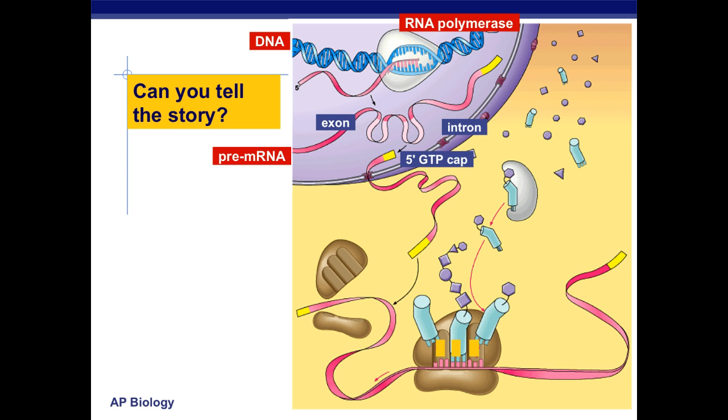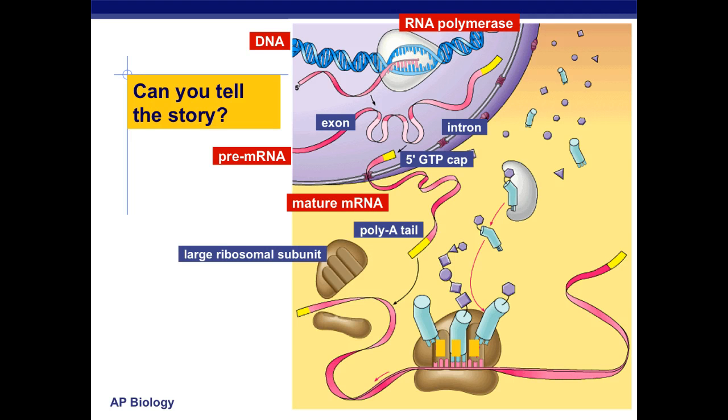There is a 5' GTP cap on the mRNA with a poly A tail. The reason for the cap and the tail is to ensure that there's no degradation of the genetic material in the RNA sequence that is essential for the protein synthesis. This is the mature mRNA.